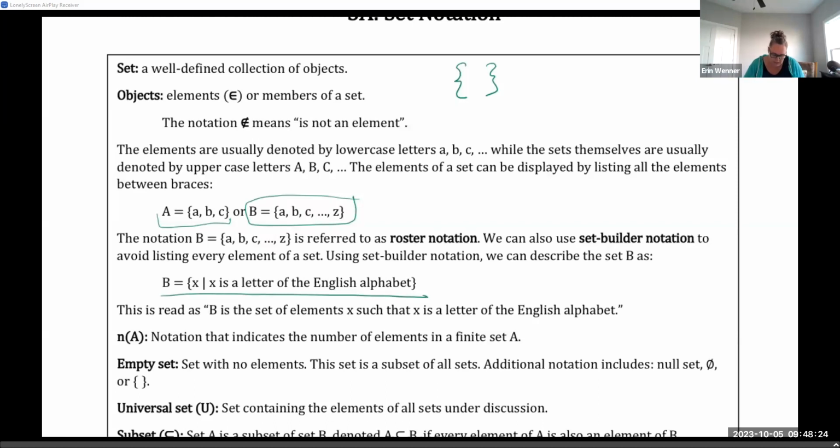It reads: B is a set of elements x, such that x is a letter of the English alphabet. That little vertical line right there is the "such that."